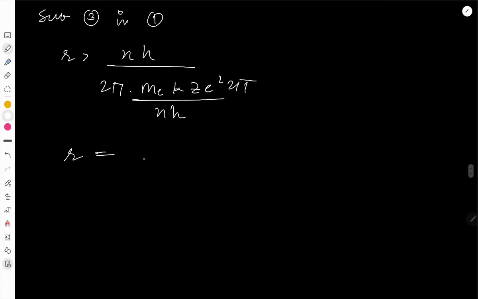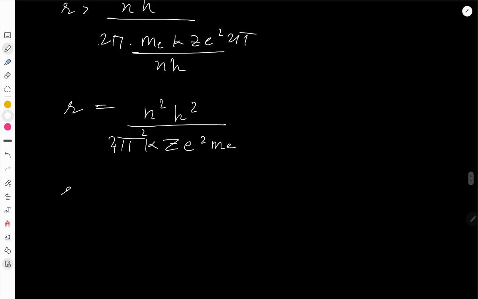Therefore R is equal to n square h square upon 4 pi square K Z E square m, the mass of electron, which after putting the values is equal to 0.529 n square by Z in angstrom.